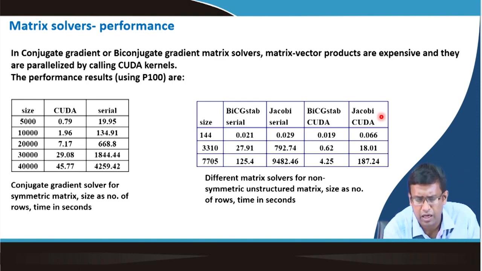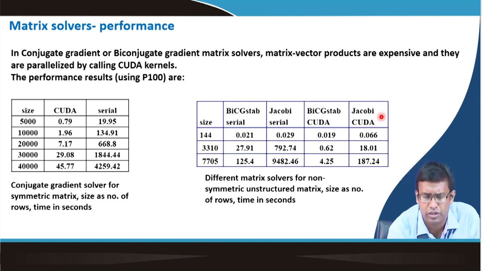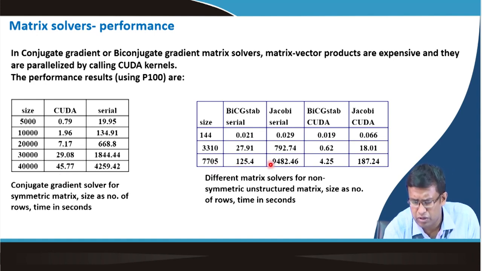If we compare a Xeon 2650 versus a P100 and keep increasing the matrix size, say 40,000 by 40,000 in a conjugate gradient symmetric matrix, we get near 90 times speed up. For BiCG we also get high speed up, though this one is near 30 times speed up because the matrix size is small.